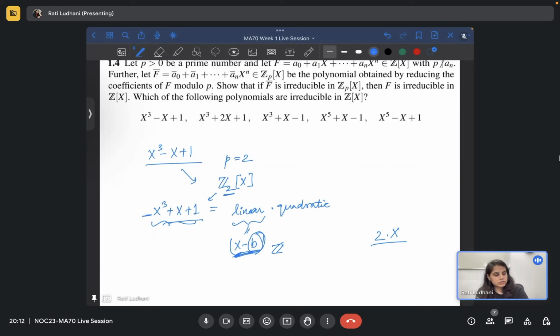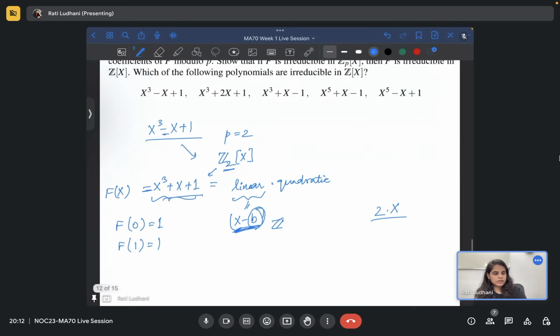So let's check. If I say this is f(x), then this is x cube plus x plus 1, because in Z2 you have just two elements, 0 and 1, and minus 1 is just 1. When you evaluate it at 0, you get 1. When you evaluate it at 1, you get 1 again, because 1 plus 1 plus 1 is 0 plus 1, that is 1.